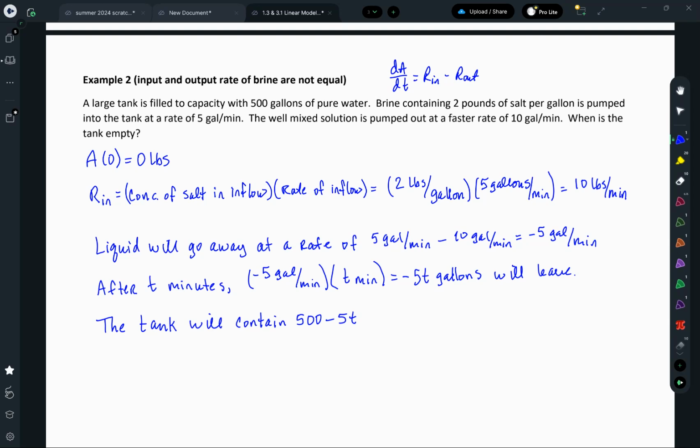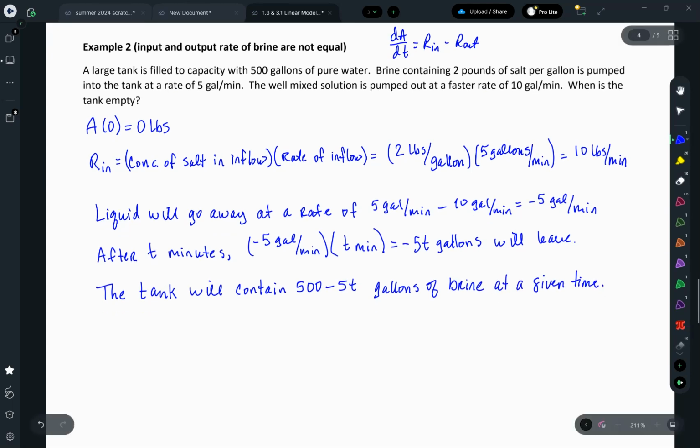So after the first minute, it loses 5 gallons. After the second minute, it's lost 10 gallons, and so on and so forth. Every minute, it loses 5 gallons. So the tank will contain 500 minus 5t gallons of brine at a given time.